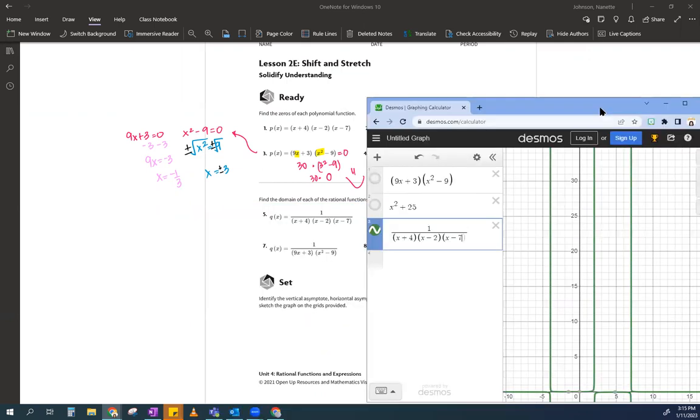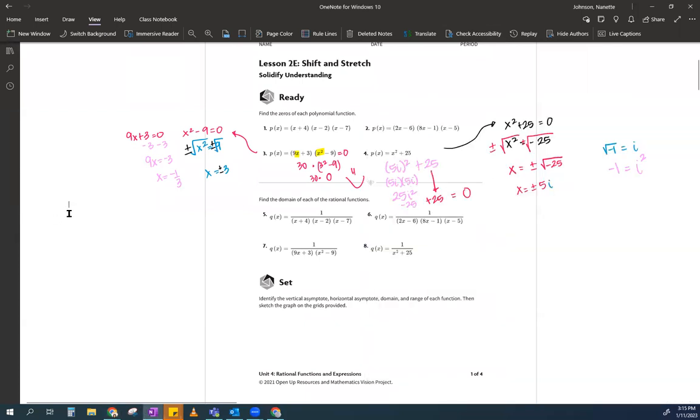Before we walk into domain, let's define what domain is. When I tell you to look for the domain, I'm telling you to look at the graph from left to right and find all of the good x's, or look for places where the x can't be plugged in.